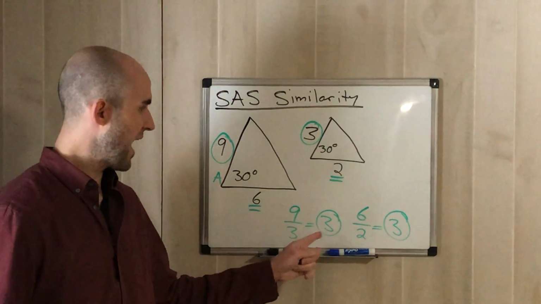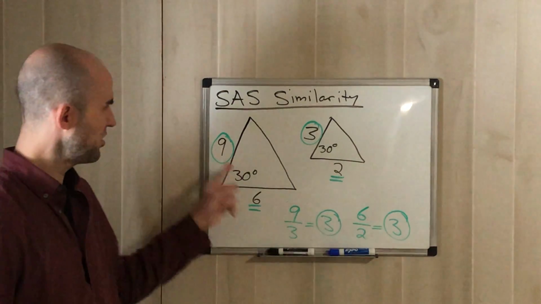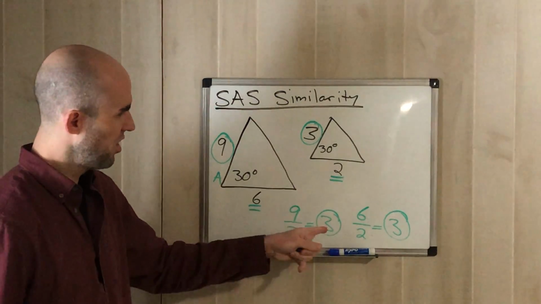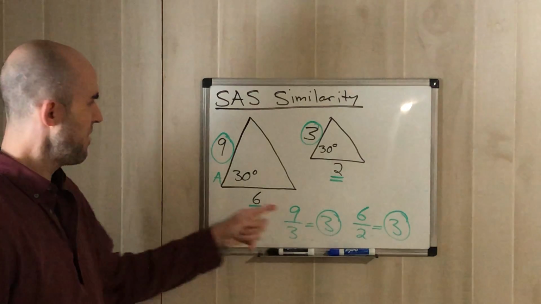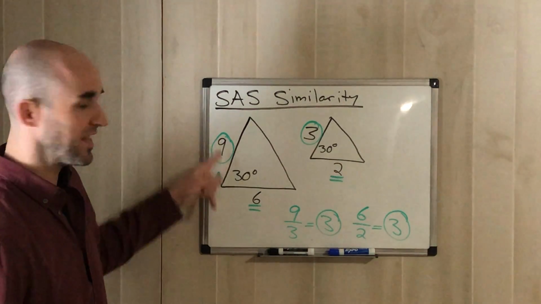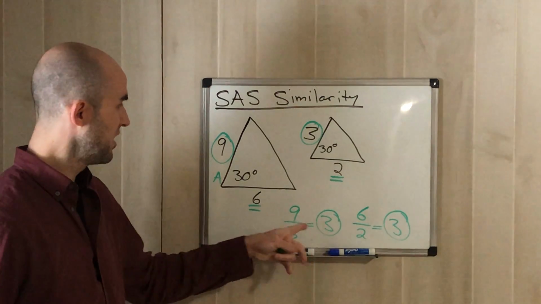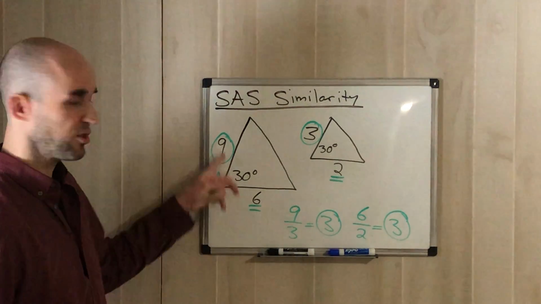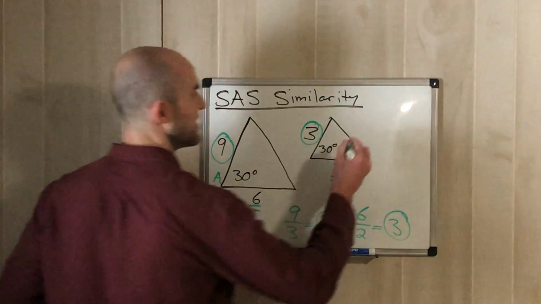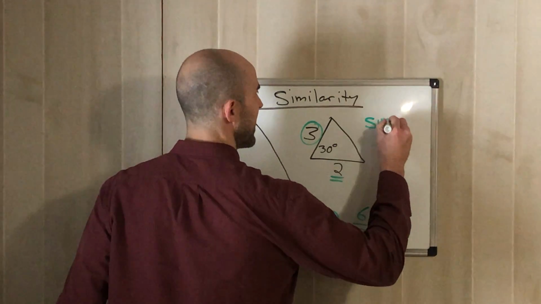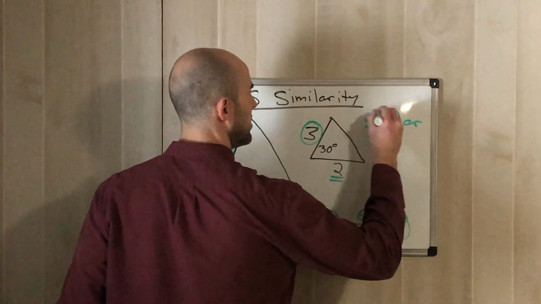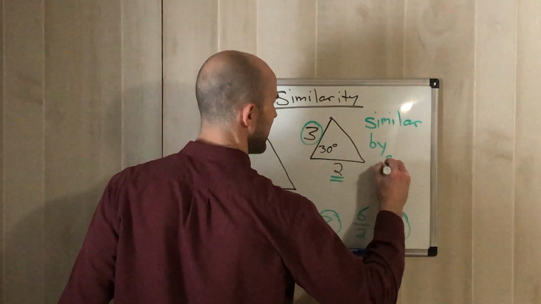So we have two sides that are proportional. We have two scale factors that are the same, and the angle that's between the sides. So the second that you have two scale factors that are the same, and the angle lies in between them, we know that we have SAS. Similar by SAS.